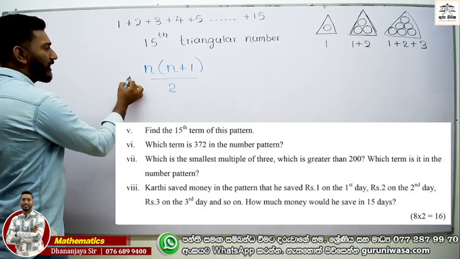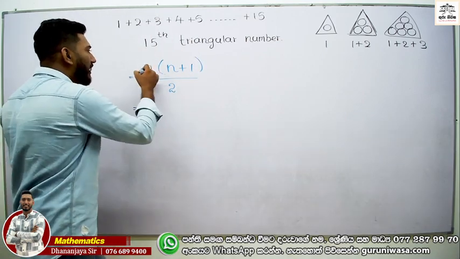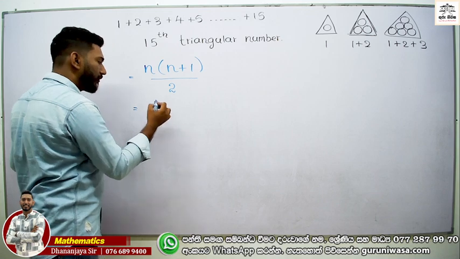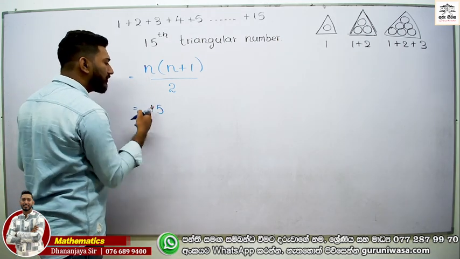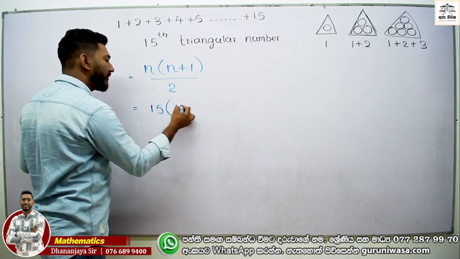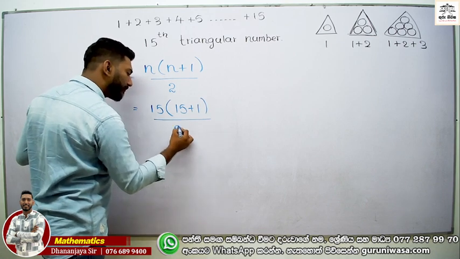Now you can find the answer. අපි දැන් බලමු substitute කරලා. Now n should be 15 because it is the 15th triangular number. n වෙනුවට 15 දාමු. Open the bracket. 15 plus 1 and divide by 2.